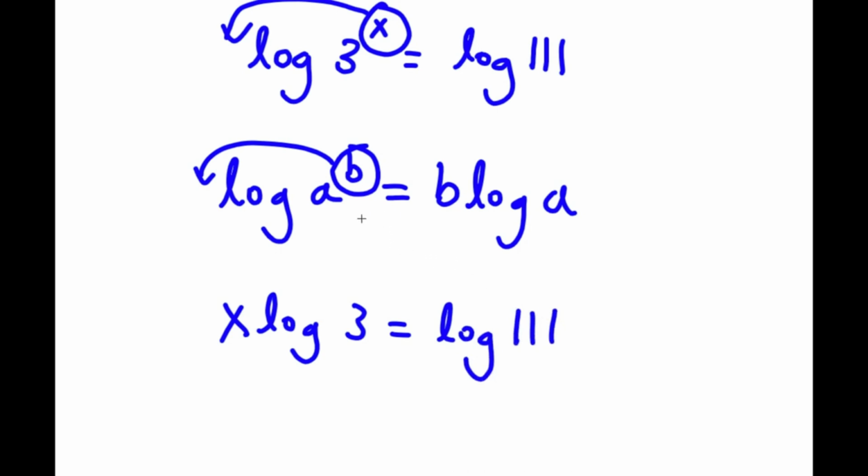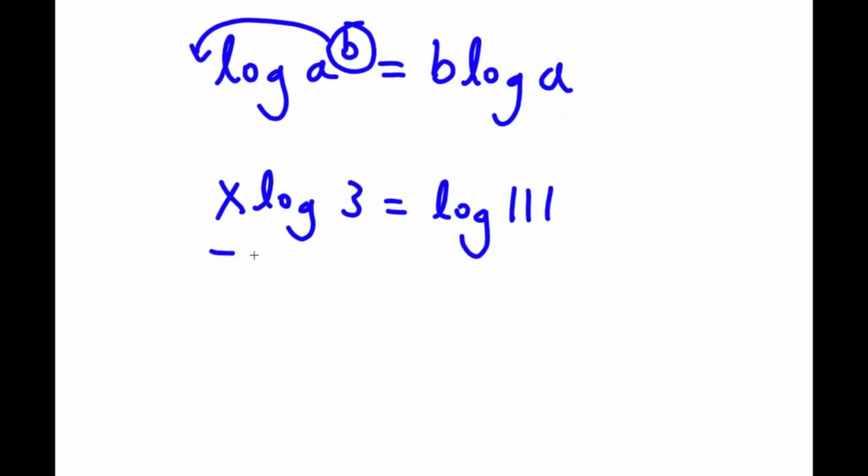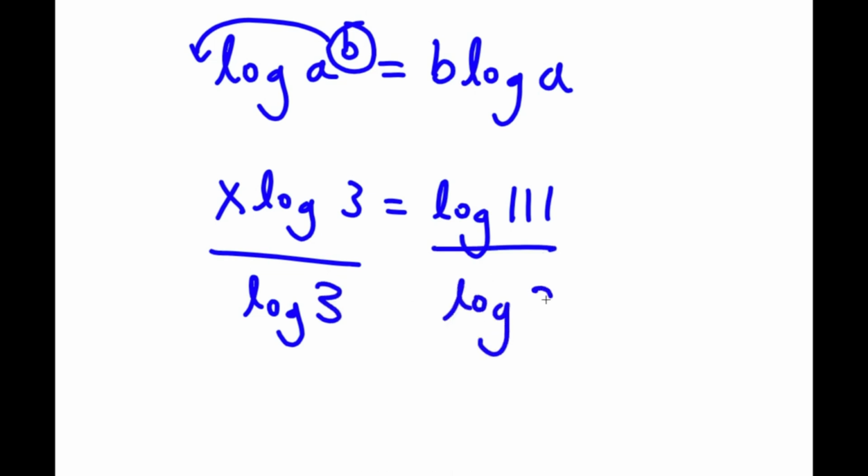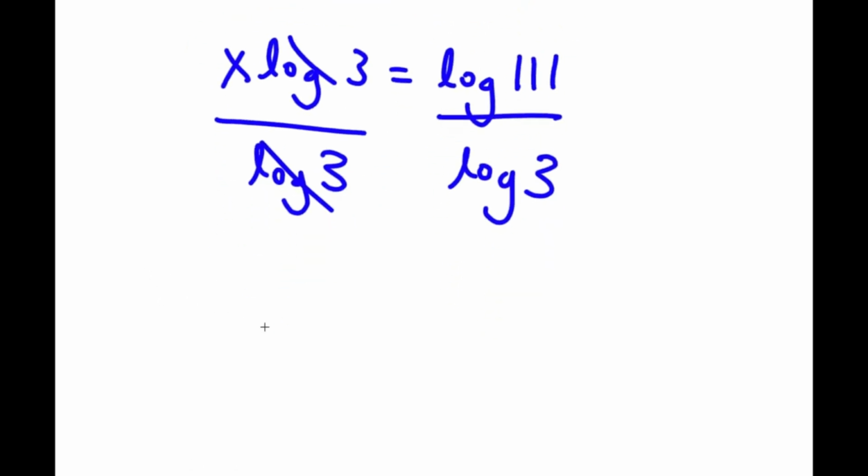So now what I'm going to do is divide both sides by log 3. So then for my left-hand side, these two log 3's simply cancel out, and I'll be left with x is equal to log 111 over log 3.